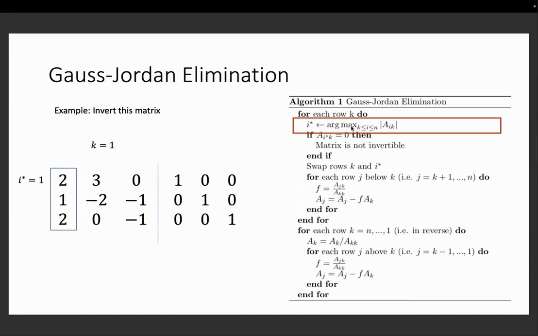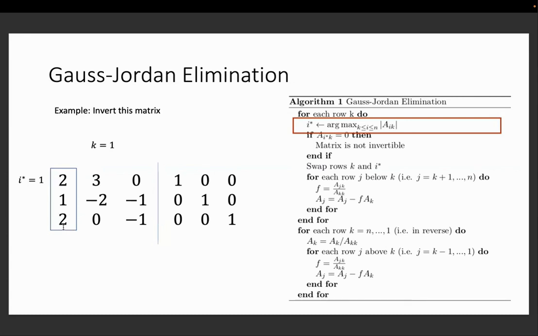And then in this line, we want to find the absolute maximum value that we have in the column from k up to n, right? Because k is equal to 1, we want to find the maximum absolute value in column 1, which can be the first row or the third row, but it doesn't matter, you can choose one of them.